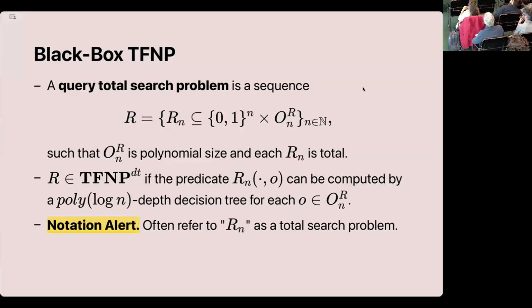Why is it important that O_n is polynomial size? It does not look quite natural. Yeah, that's a good question. Maybe I should have put quasi-polynomial size, but maybe it'll make sense. Even if it is exponential in n, we could also say without loss of generality, it'll turn out.